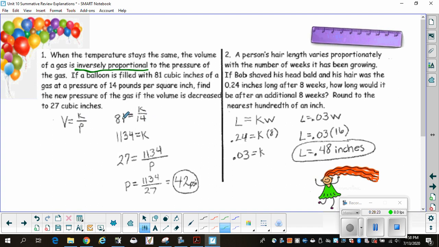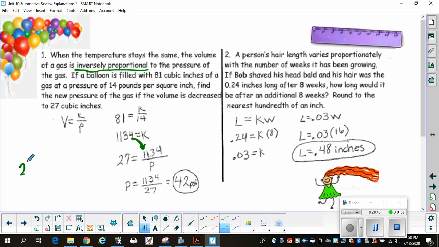So you can use that information: 81 is equal to K over 14. Multiply both sides by 14 to get the value of K. Then find the new pressure if the volume is decreased to 27. So you plug the K in, you take the new volume, and you multiply both sides.